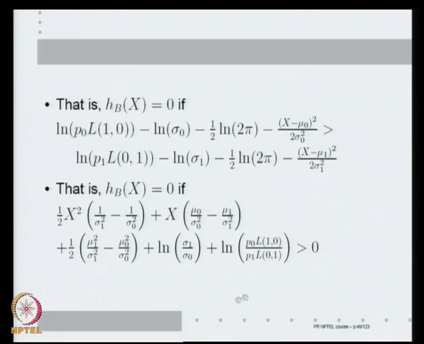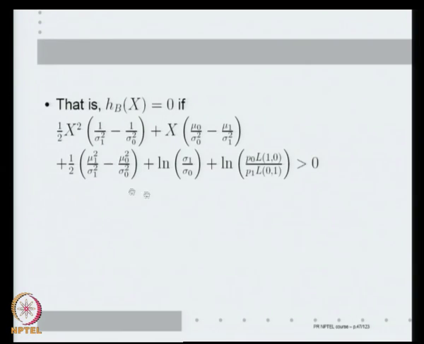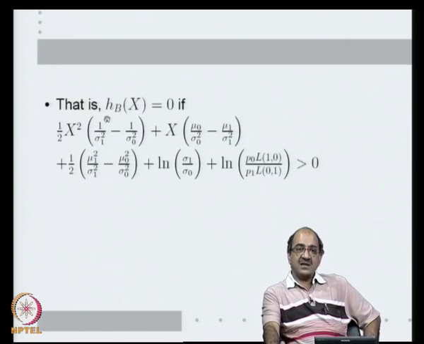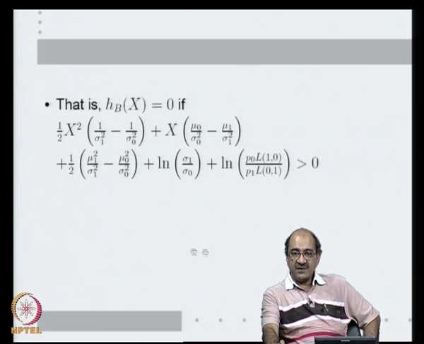So, if x satisfies this expression, then we say the Bayes classifier will put x in class 0. Okay. So, I have rewritten this expression here. What we have done by algebra is to show that for the one dimensional normal case, where both class conditional densities are normal, the Bayes classifier will put x in class 0 if x satisfies this expression.